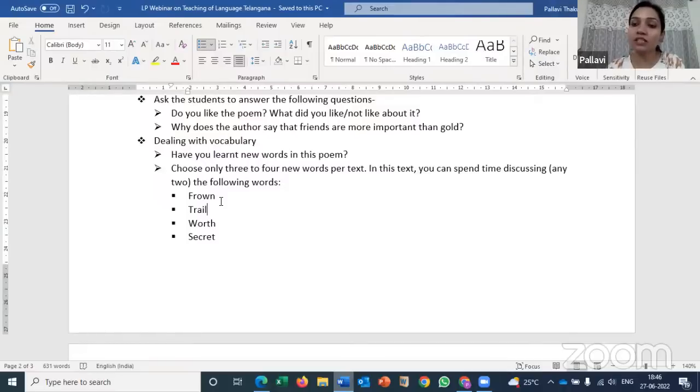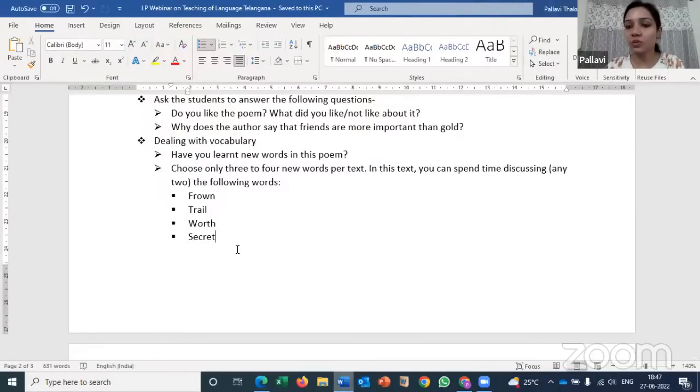At this point of time, it is a good point where you can have certain discussion where you can introduce your students to that vocabulary. So here I've chosen these words like frown, trial, worth, secret.